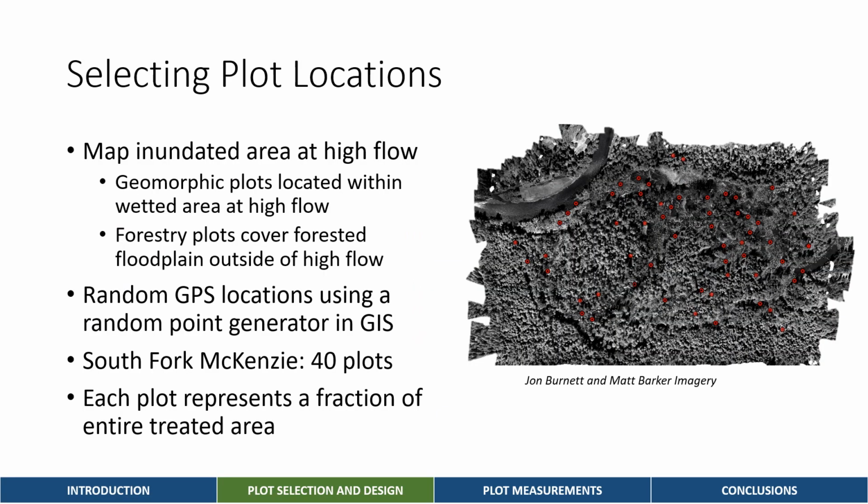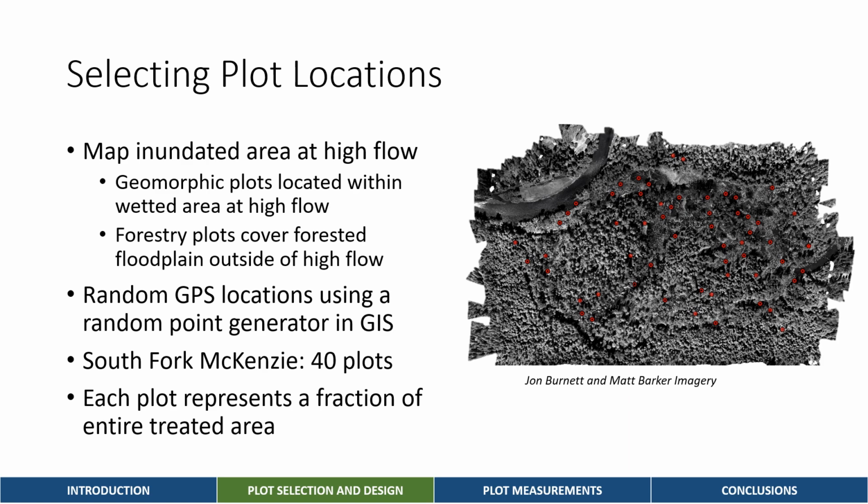The first step in the geomorphic field plot method is choosing the locations for where you'll put your plots. To create an element of randomness for statistical analyses, we randomly selected GPS locations using a random point generator in GIS. And to create the boundaries of where we would put those plots, we mapped the area that was inundated at the highest flow.